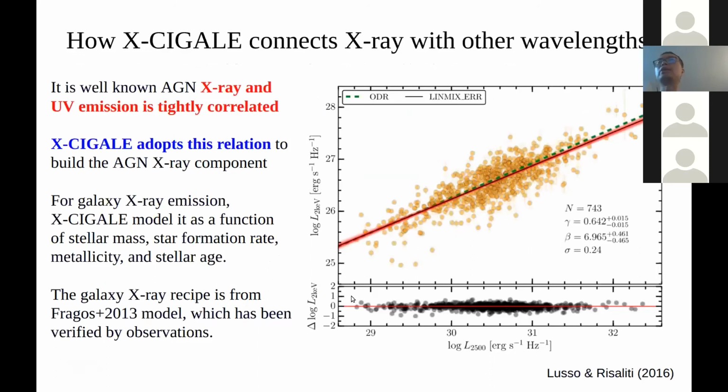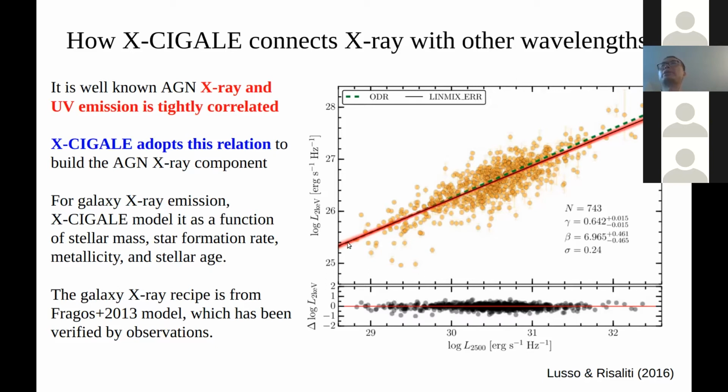So first, how do we introduce the X-ray module? We need to connect the X-ray to other wavelengths. For AGNs, we know there is a very good relation between the X-ray luminosity and the UV luminosity, for which people often use the 2 keV and 2500 angstrom luminosities.